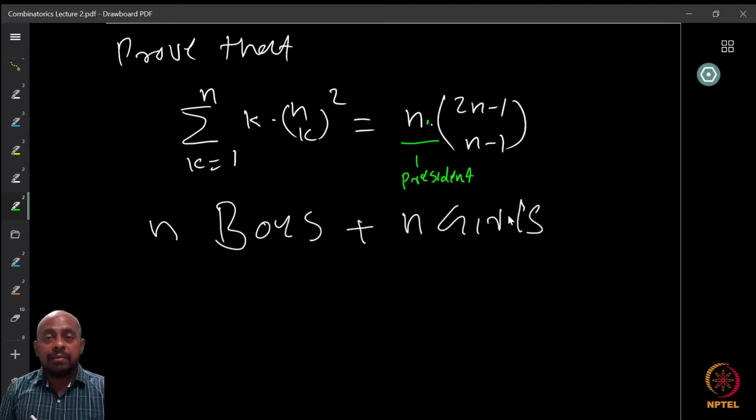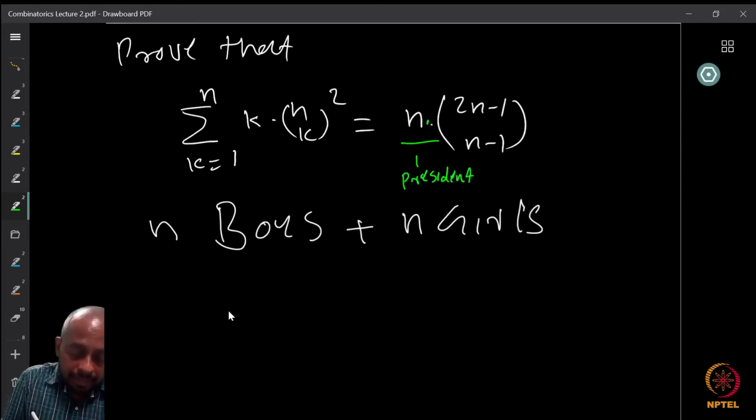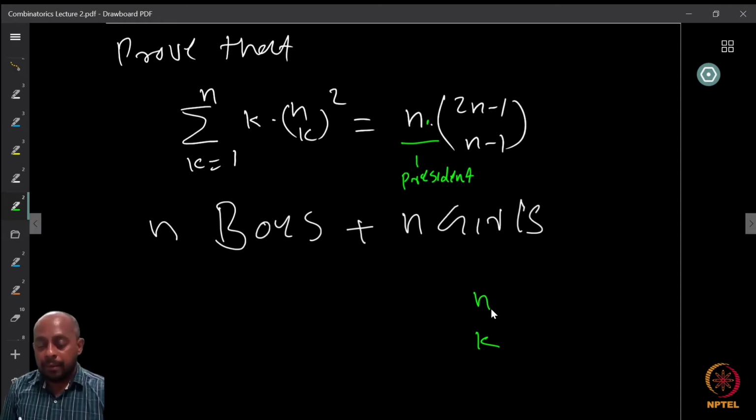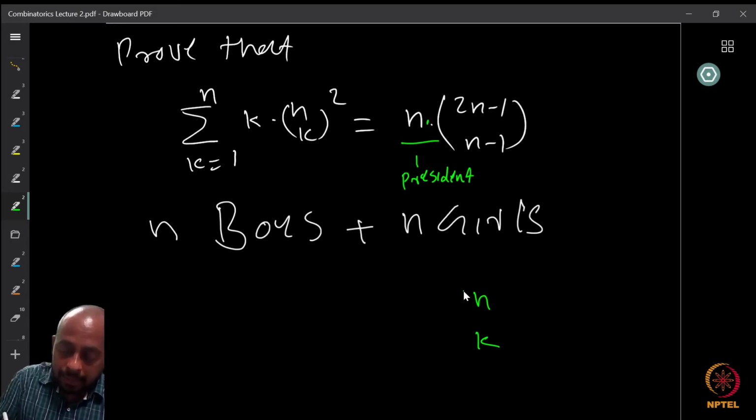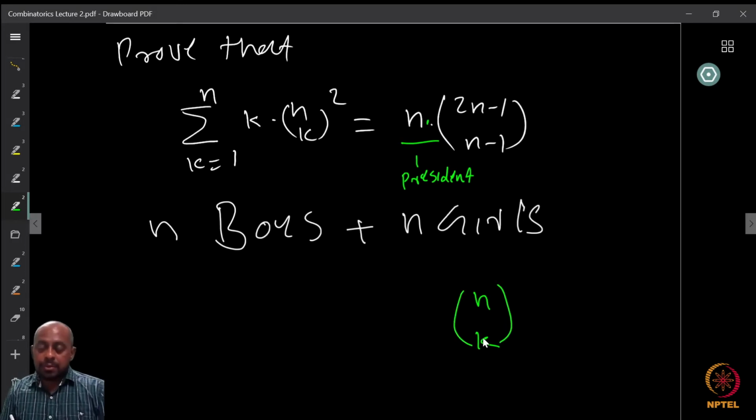First I will form the club by selecting k girls from the n possible candidates, right? So I choose k girls from the n possible girls.